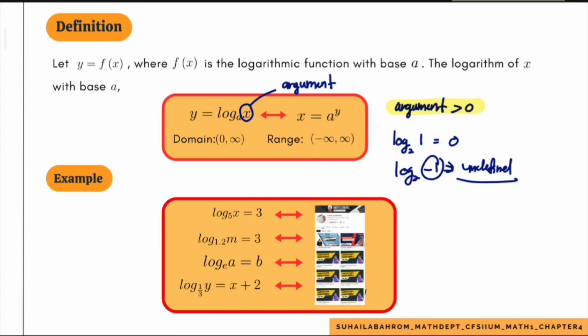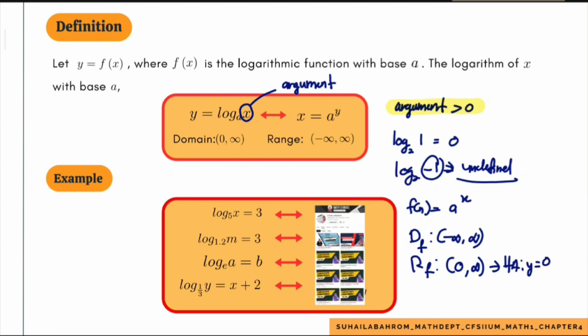So on the previous subtopic we learned that for an exponential function with the base a power of x, the domain in general is from negative infinity until infinity, and the range is 0 until infinity. Why? Because in the exponential function, we have the horizontal asymptote on the line y is equivalent to 0.